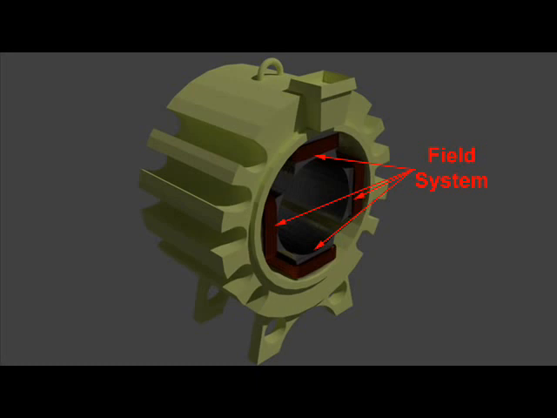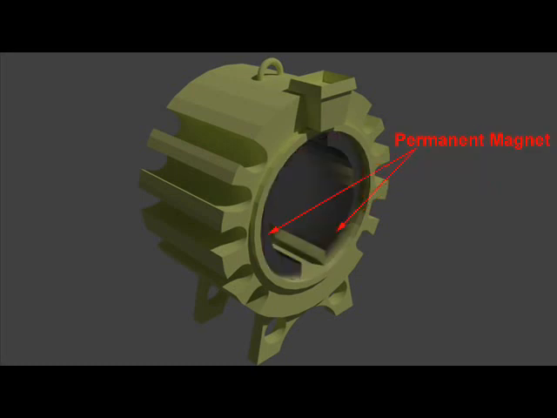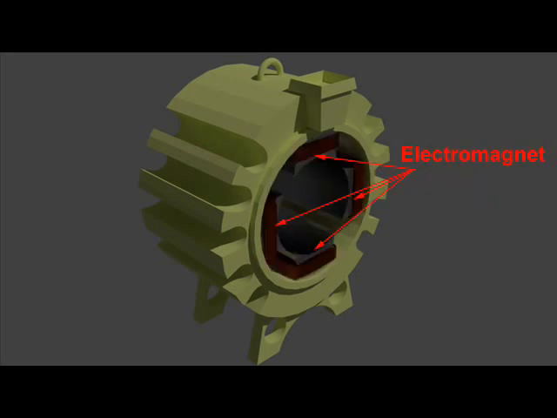The objective of a field system is to create a uniform magnetic field within which the armature rotates. This magnetic field can be created by either permanent magnet or electromagnet.